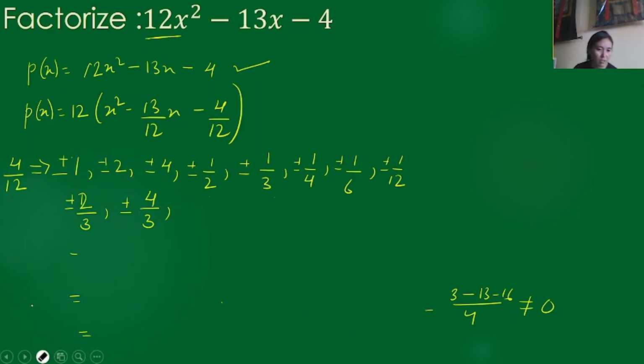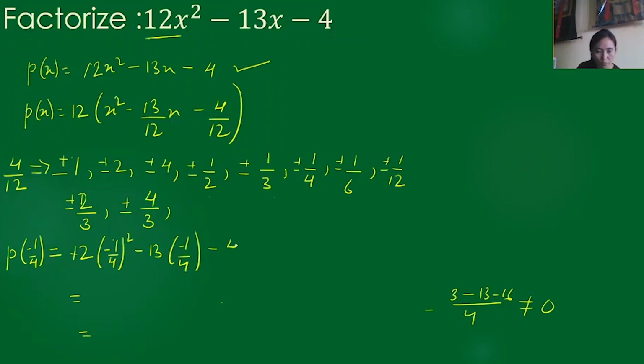Okay, now let's take p of minus 1 by 4. Now this is equal to 12 times, and instead of x you have to write minus 1 by 4 square, minus 13 into minus 1 by 4, minus 4.